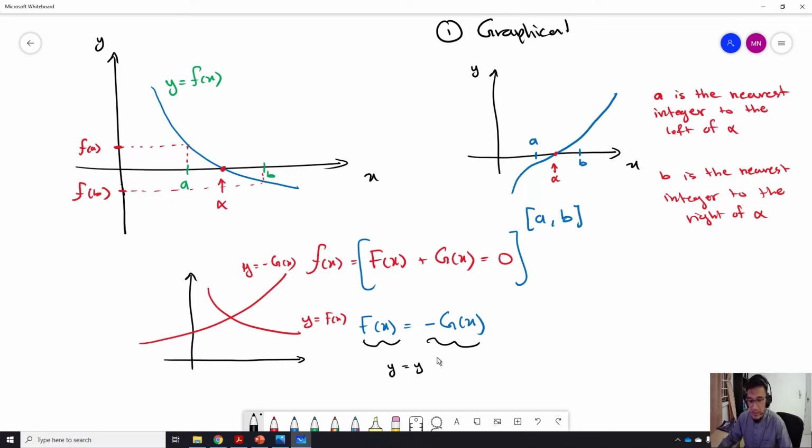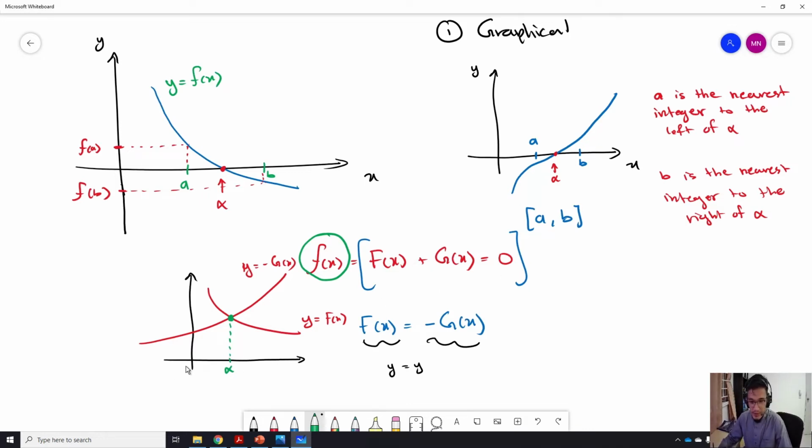So this is one of the methods that we use to find the point of intersection between the two graphs. When we write the equation like this, we are looking for the intersection points for the graph of f(x) and g(x). The intersection here will point to the root of the function. So this will be the point of alpha.